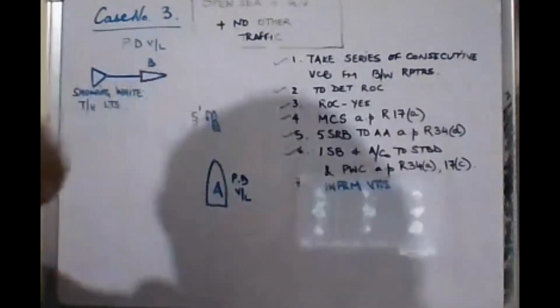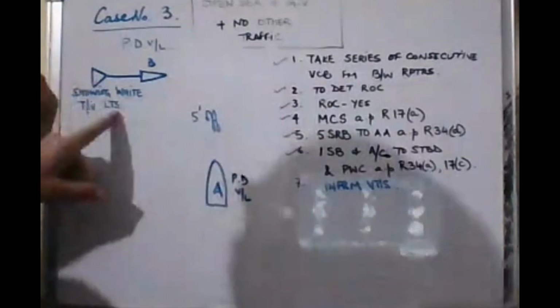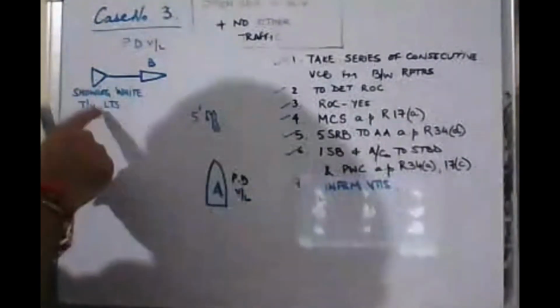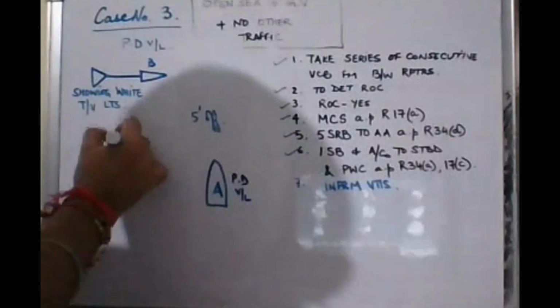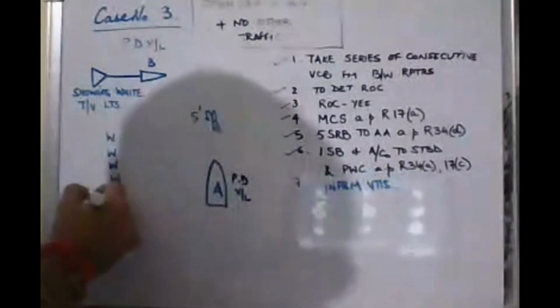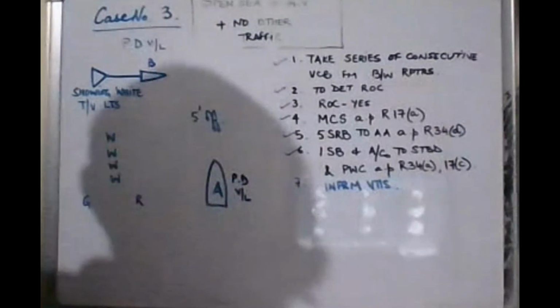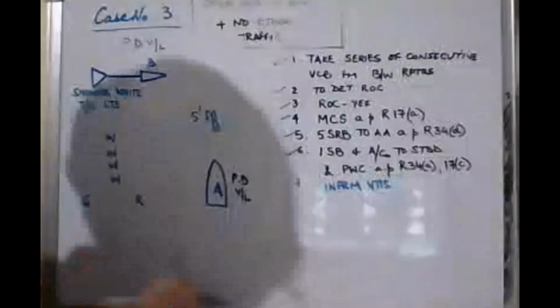Yes, sir. All right. So now a little bit about the variations of these lights. Supposing you see these lights: white, white, white, white, green, and red. How will you identify this fellow?